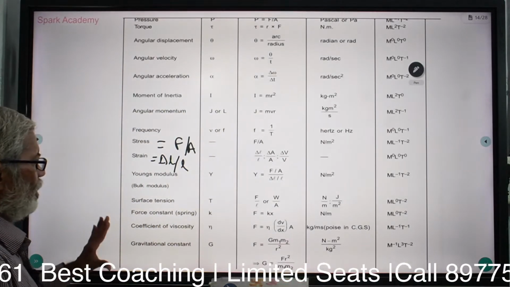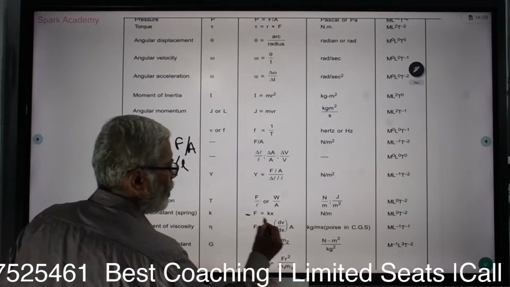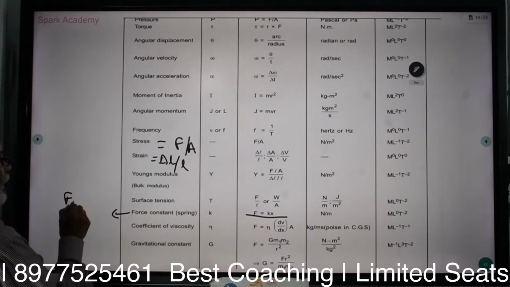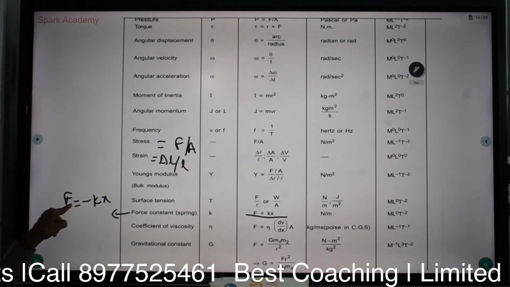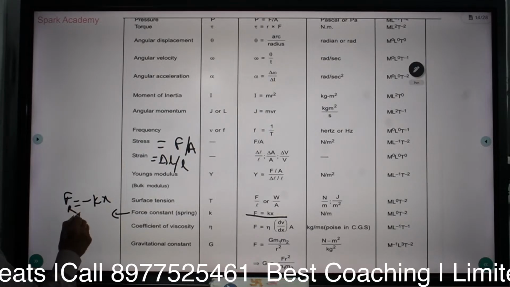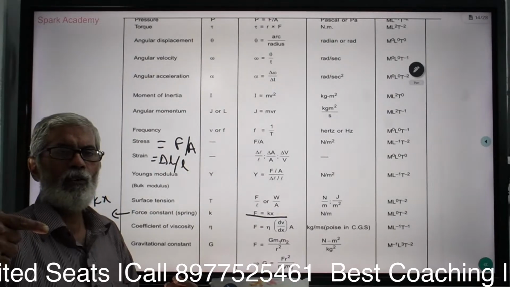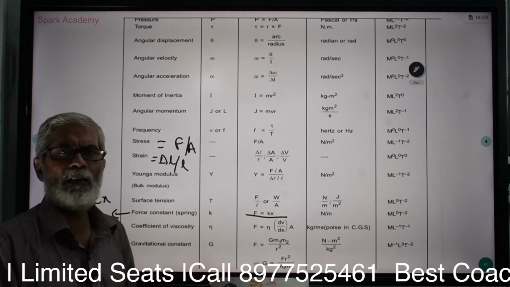Okay, so what is force constant, or spring constant? F is equal to kx. Actually F is equal to minus kx, because this force is called restoring force. In simple harmonic motion, the force will always act opposite to the displacement. So in physics, opposite means a minus sign will come.